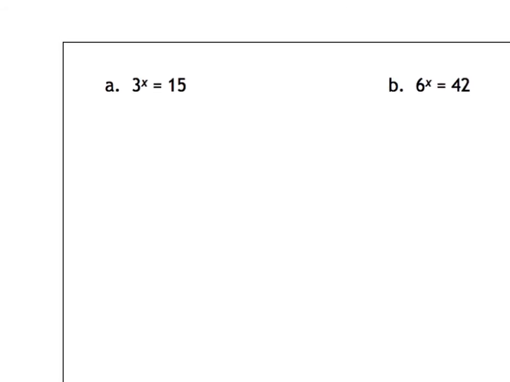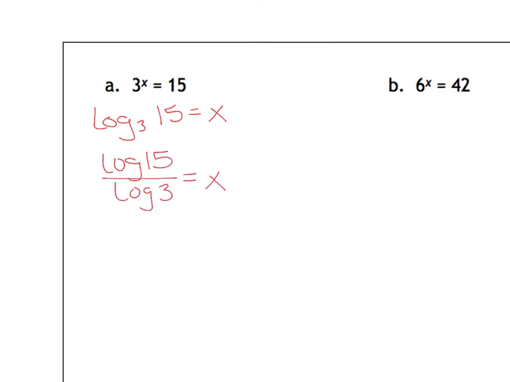All right, so again, we're going to start with this equation. We're now going to write it in logarithmic form. So I have log base 3 of 15 equals x. All right, so now I'm going to rewrite the left side using that change of base formula, so we have them both as common logs. So I have log 15 over log 3 equals x.